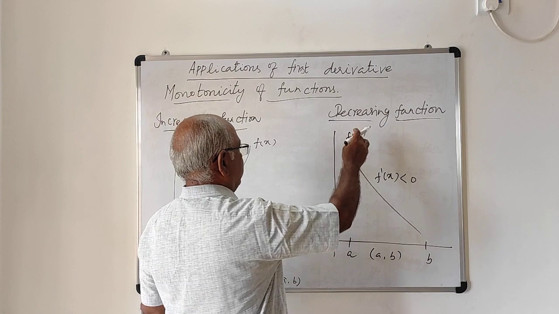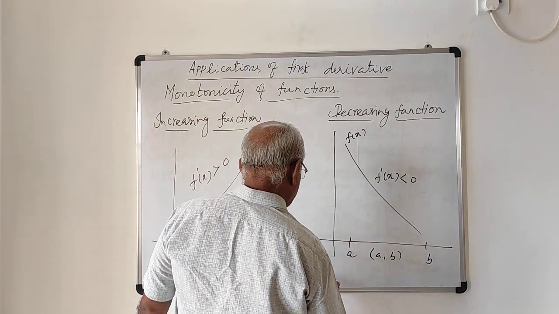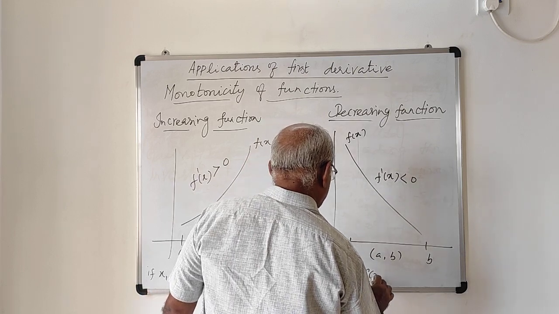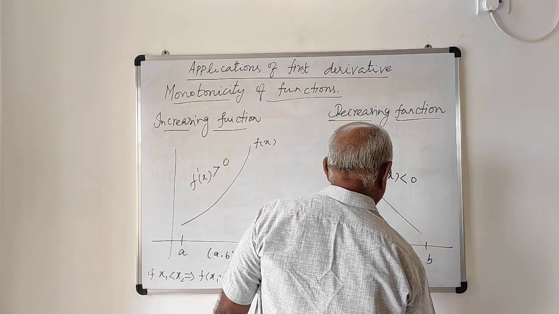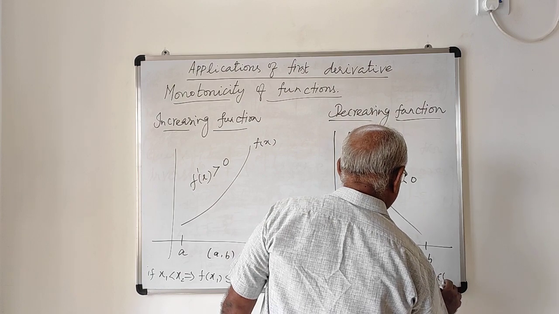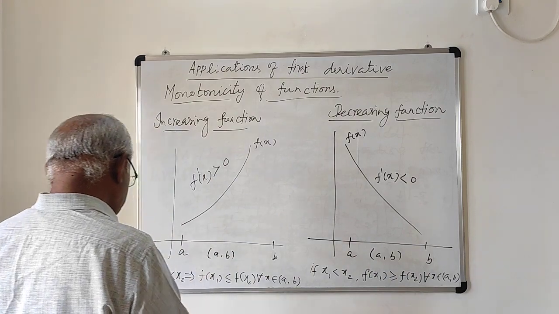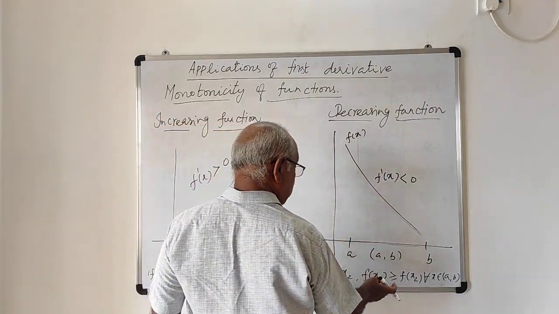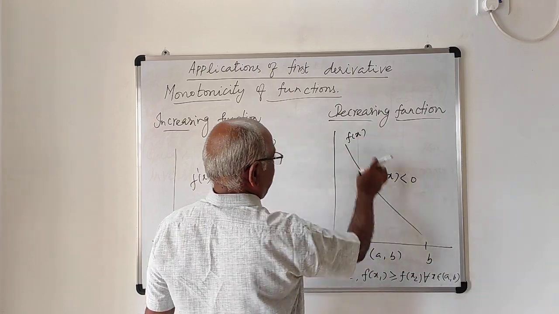Similarly, come to the case of a decreasing function. If x1 less than x2 in the interval and f of x1 is greater than or equal to f of x2 for all x belonging to the interval a comma b, the function is said to be a decreasing function.